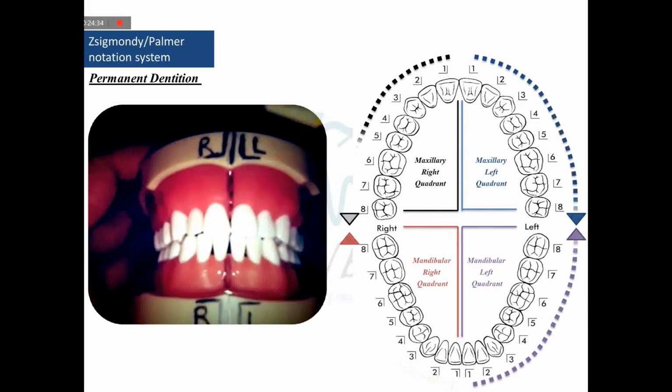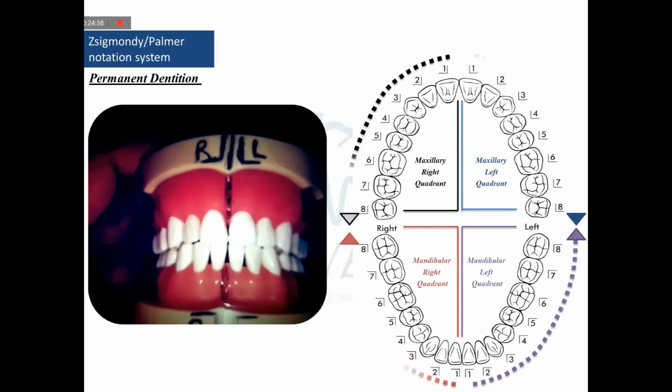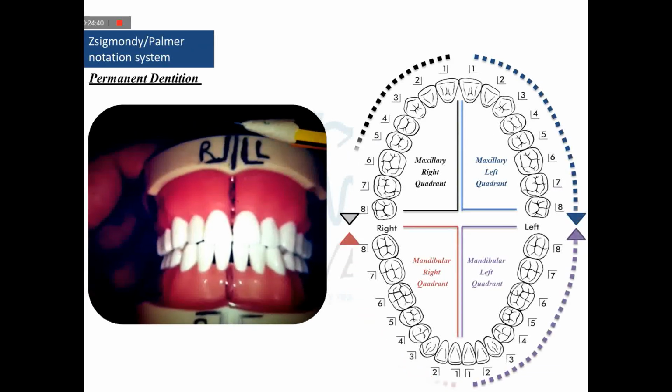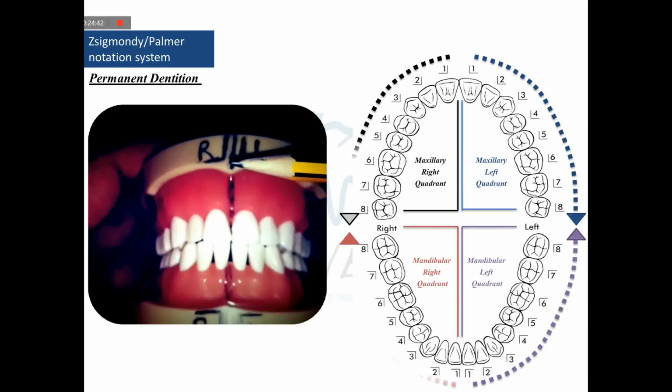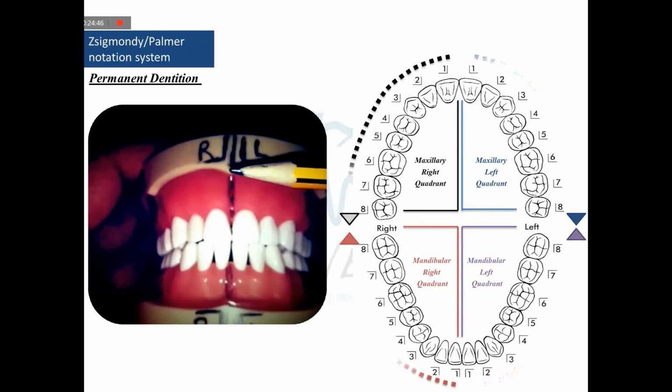So after drawing the symbol, that is a horizontally flipped L for the maxillary right quadrant, we number all of the teeth and write down the number of the respective tooth inside that quadrant shape.